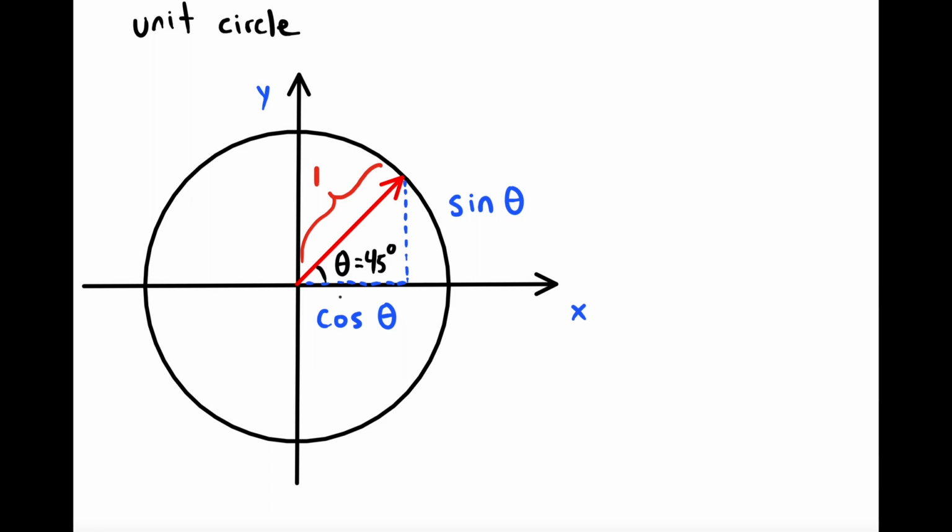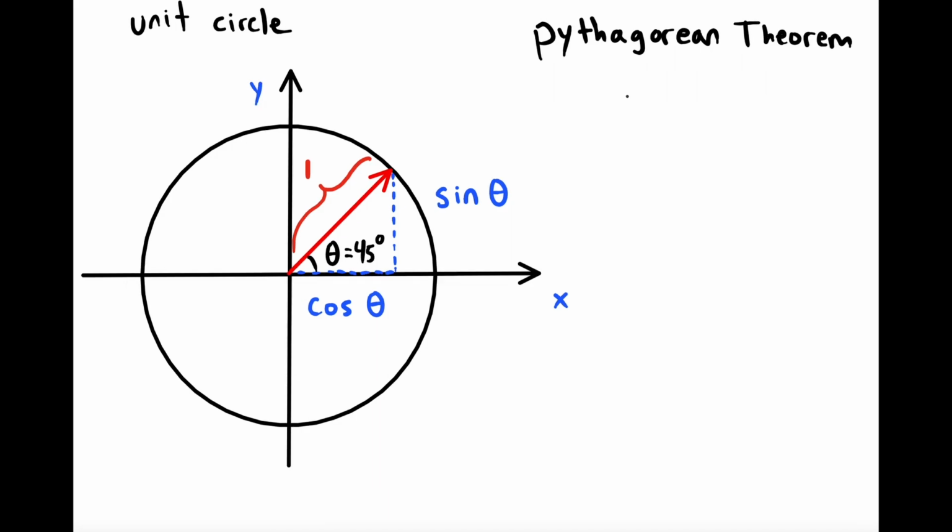So what this implies is that using Pythagorean theorem, we can find an identity, it's called a trigonometric identity. The way it works, Pythagorean theorem, is that you take a leg squared plus another leg squared and have that equal to the hypotenuse squared, right?